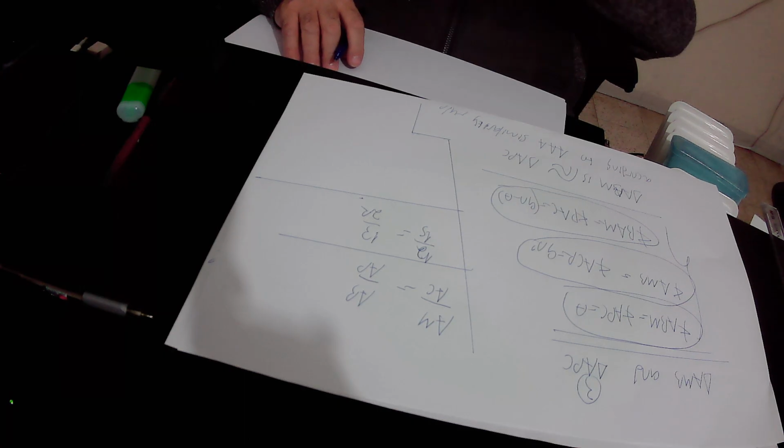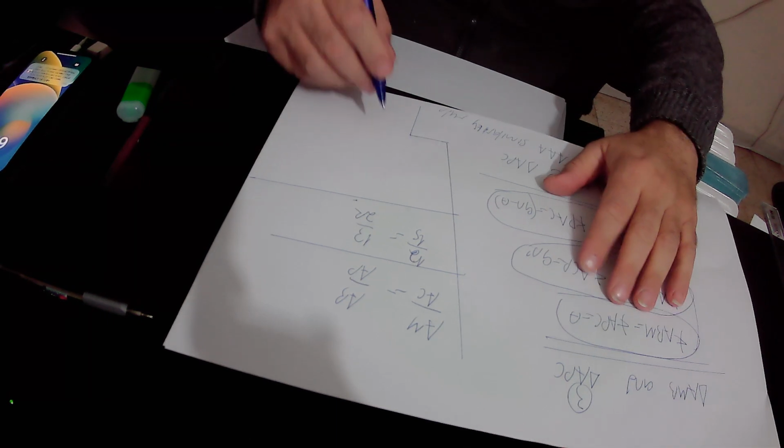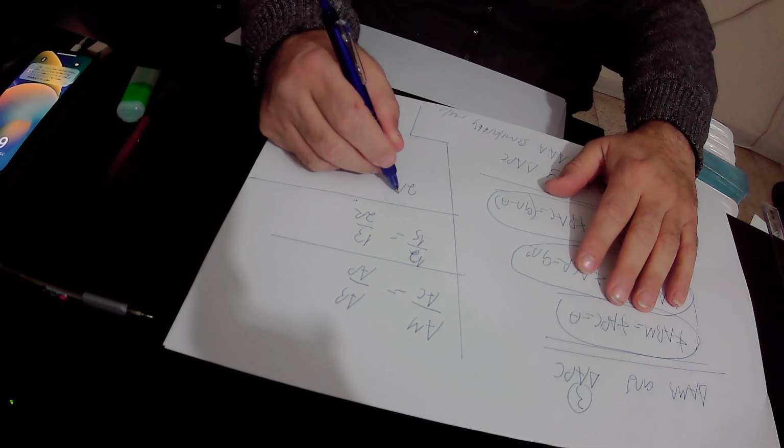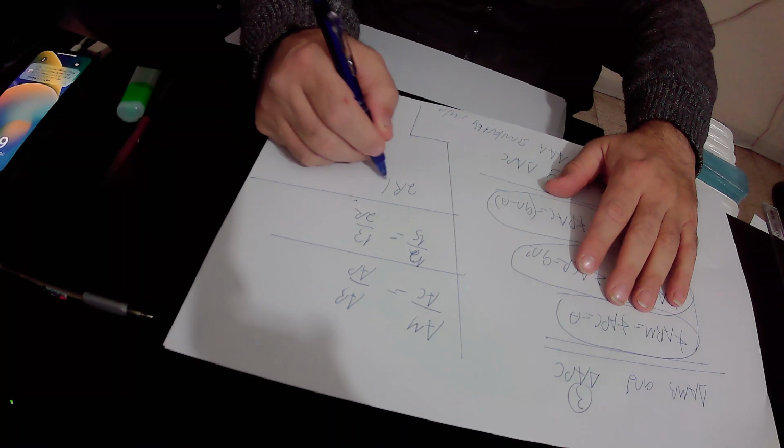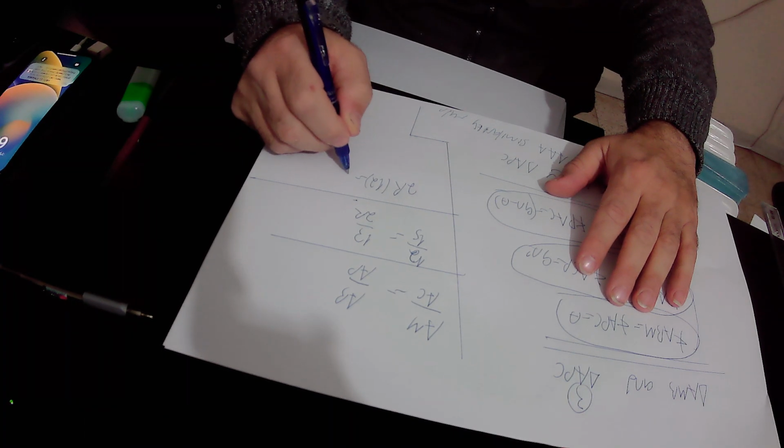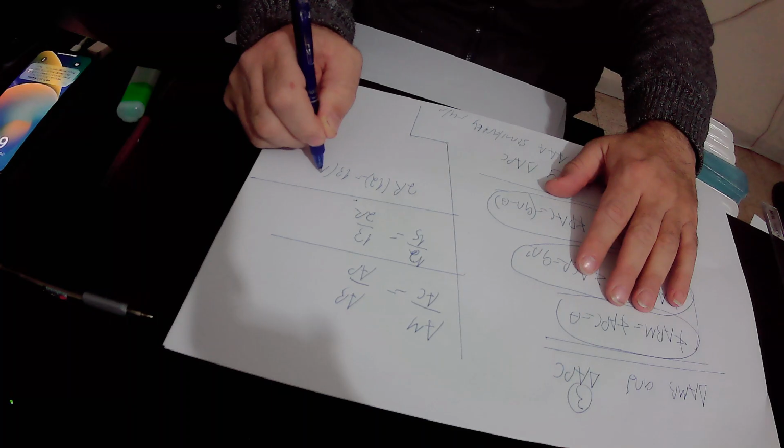Here we cross multiply this equation and we get that 2 times capital R times 12 equals 13 times 15.